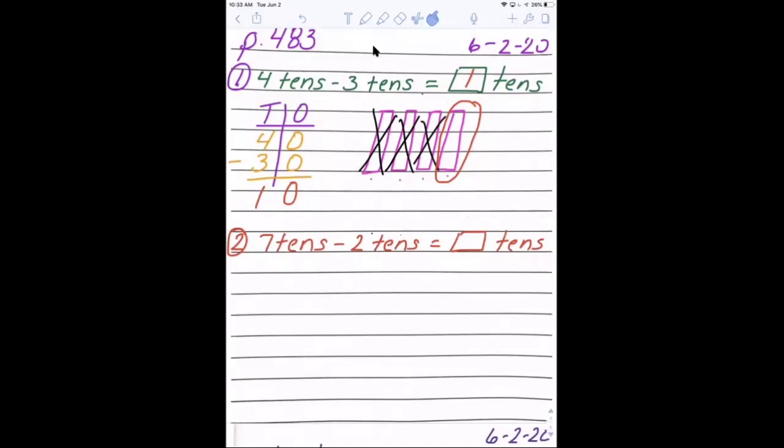Okay, I have my tens and my ones. So I have 70 minus 20 equals, and now I have to draw my groups of 10.